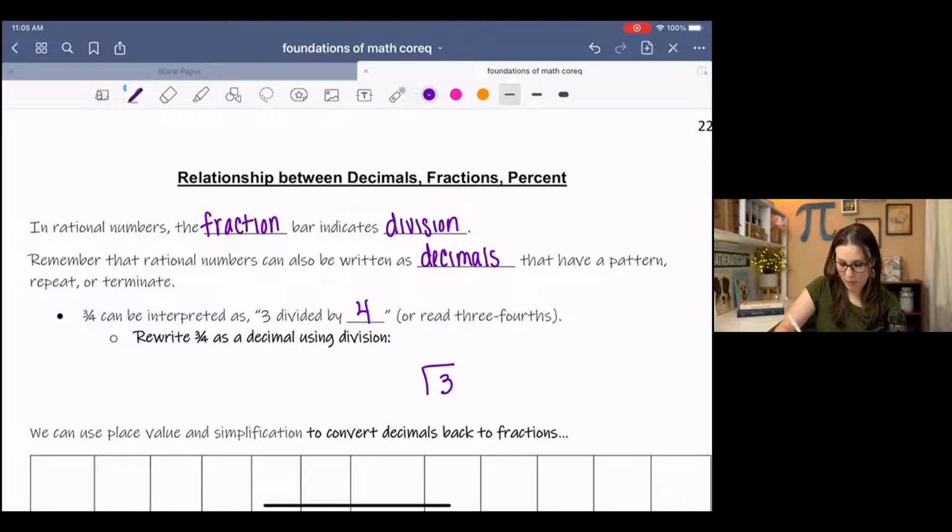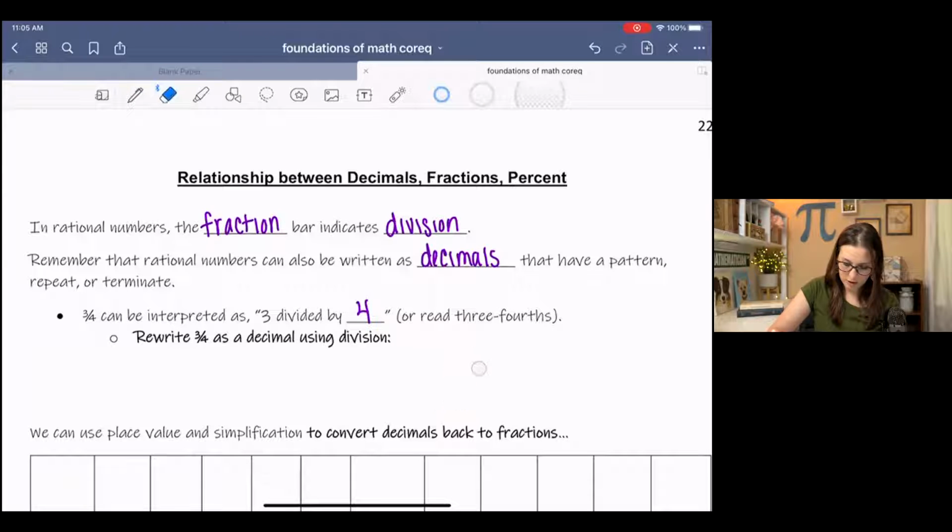3 divided by 4. 4 will not go into 3 because 3 is smaller. So I'm going to add a little decimal here and put a 0. 4 will go into 30 7 times. 7 times 4 is 28. I'm going to run out of room.